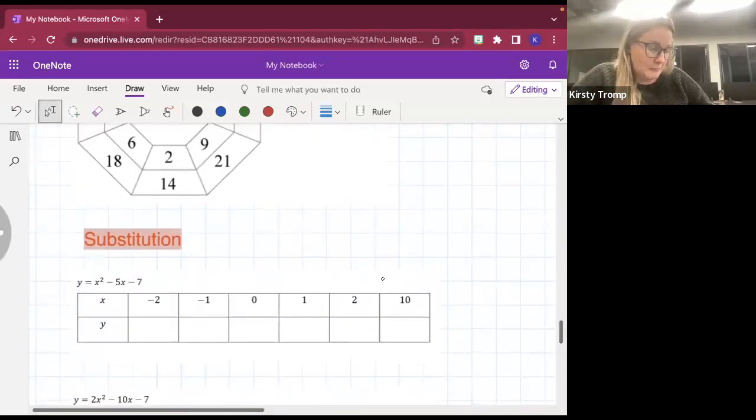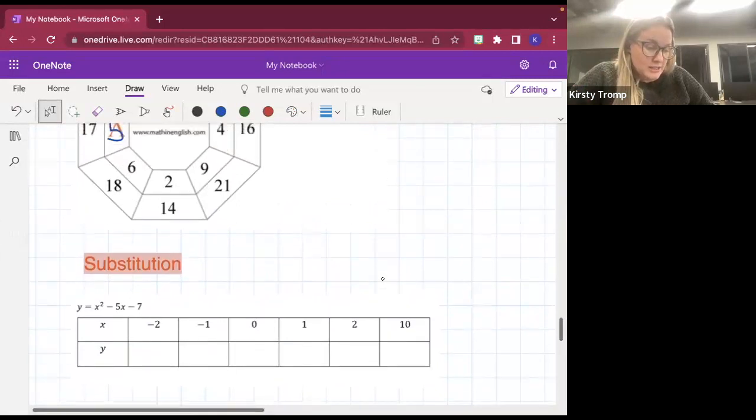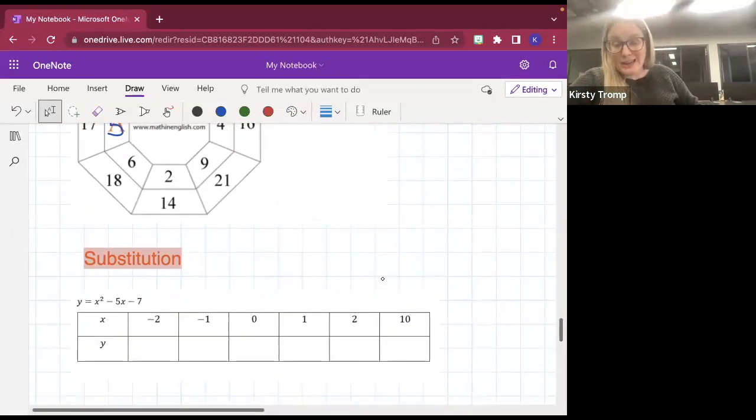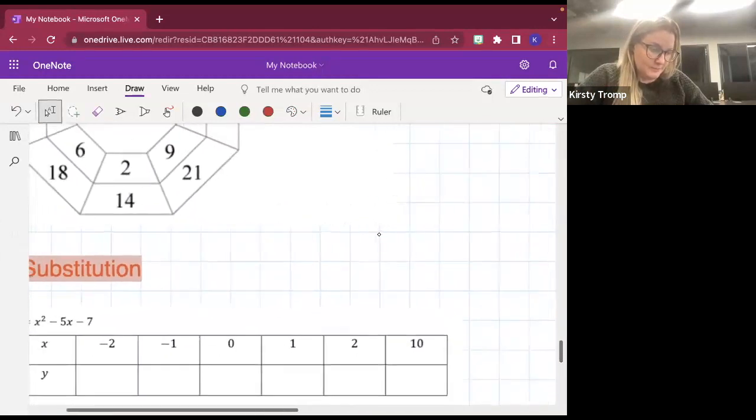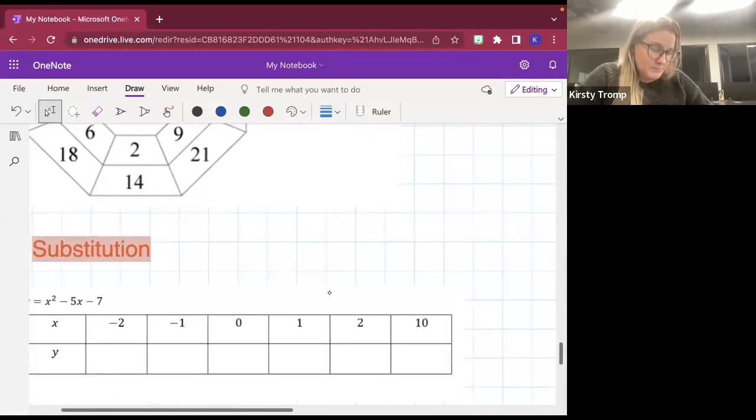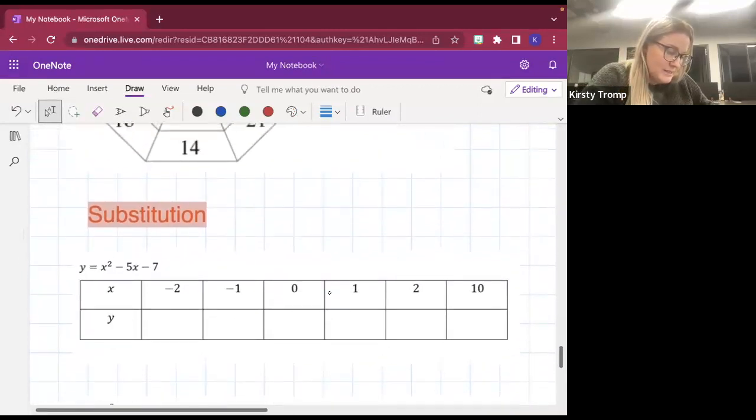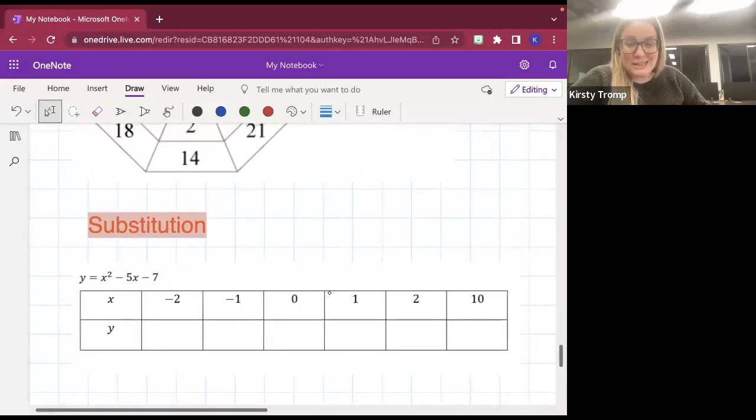In this last section, everyone, we are looking now at doing substitution and putting our answers in an actual table. Okay, so for the first sum, the sum that they've given you is y is equal to x squared minus 5x minus 7.